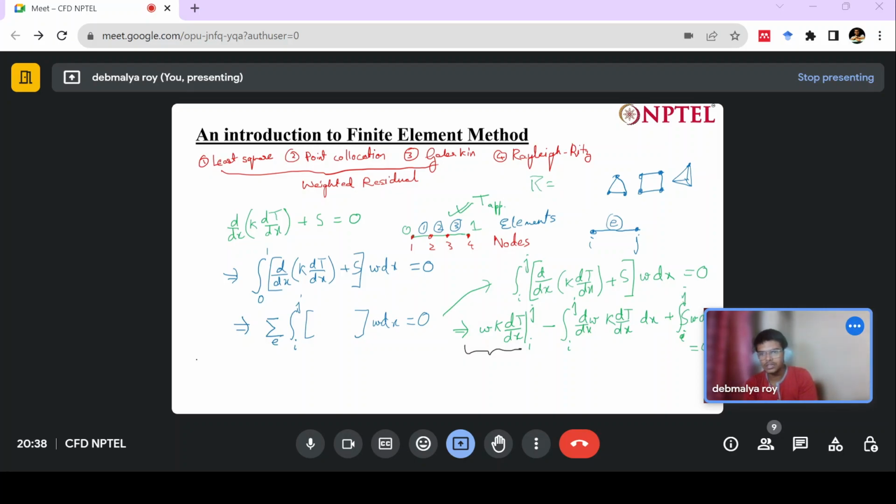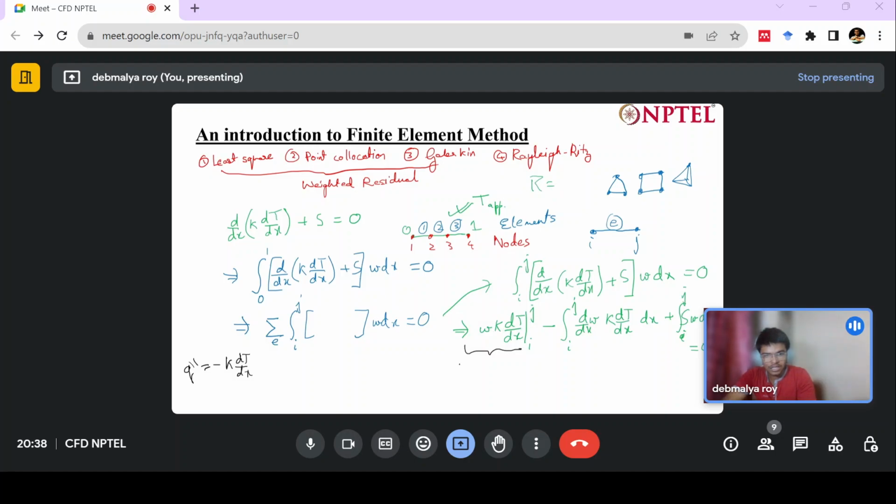If you have studied heat transfer, you will know that out of an edge, if heat is flowing, the flux can be given like this, and we will use this expression.